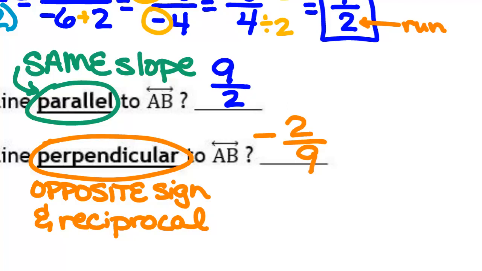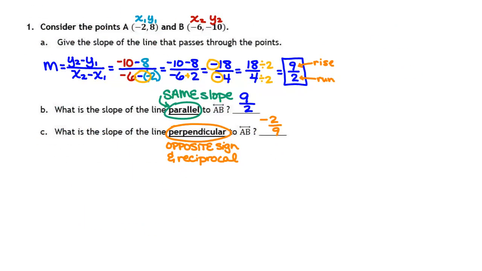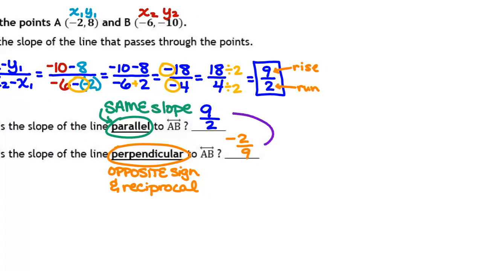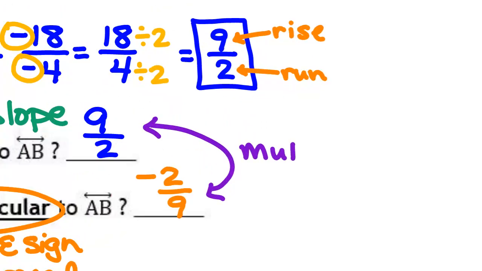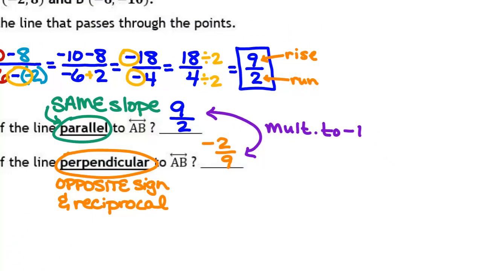That would be my reciprocal. And then to make sure that I did this part correctly, this should multiply to -1. So let's check and see if that's true.